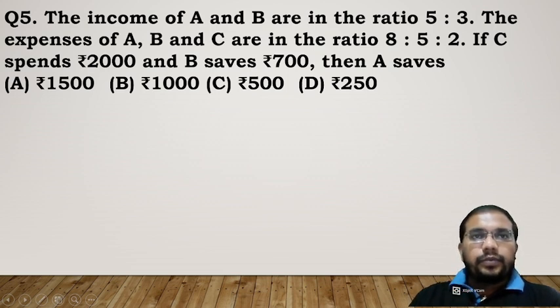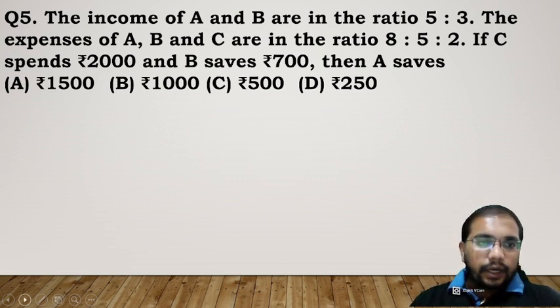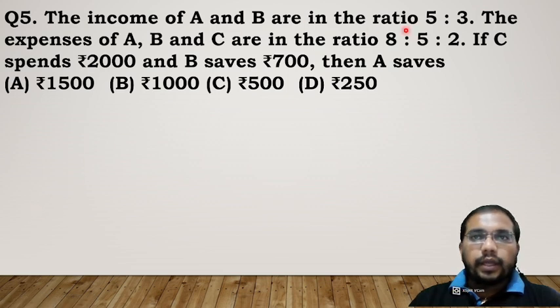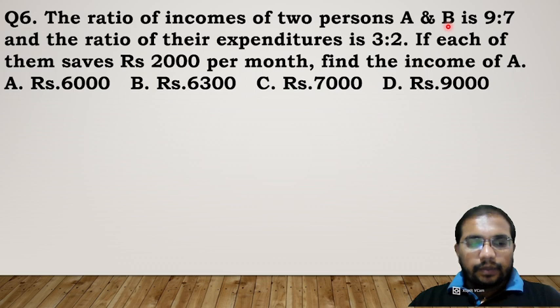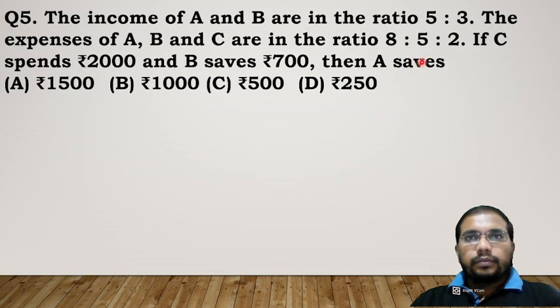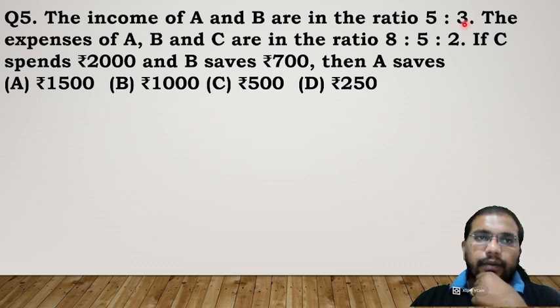Now, the incomes of A and B are in the ratio 5:3.